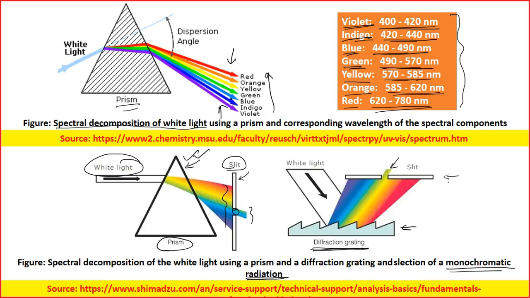Are you getting my point? Whereas on the diffraction grating, the radiations are mainly reflected, and due to that the absorption of the radiation will be lower. In other words, the monochromatic radiation which you will be getting will have a higher amount of energy.